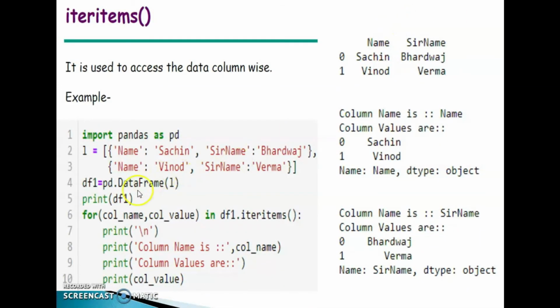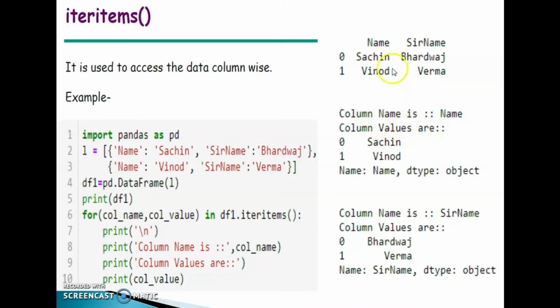Check this one. After executing the print df1 statement, we can see the output like this. Name, surname, 0 Sachin Bharadwaj, 1 Vinod Verma. After the execution of these print statements, how many times will it work? Two times. Why? We are iterating over df1 using the iter items function.